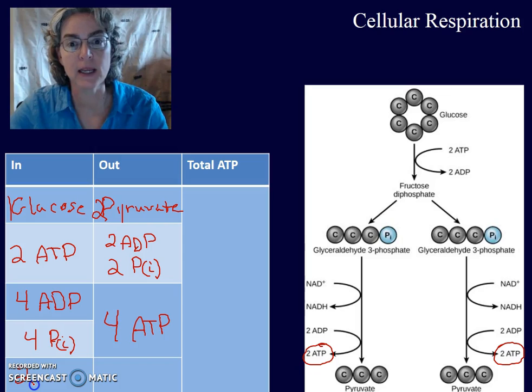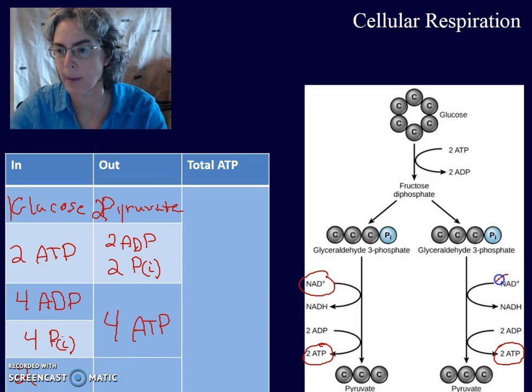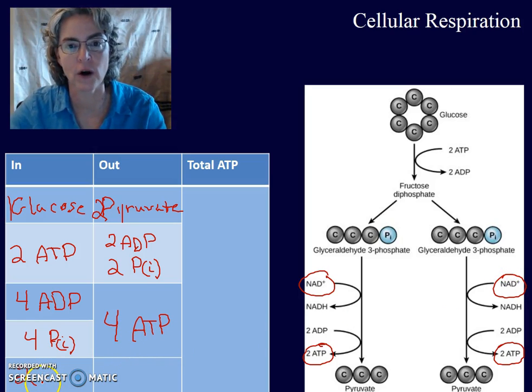Also, going into the reaction, we've got these NAD plus molecules. So these are our high energy electron carriers. NAD plus, and what comes out, NADH molecules.